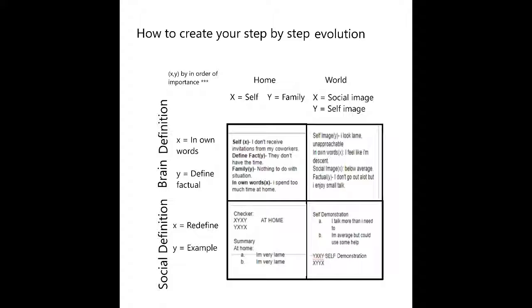Then my self-image off those two is people are not going to talk to me because I don't seem approachable. And then X, in own words, I like to talk. I wish I could talk to people, kind of a thing. So he would come up with for B, I'm average but could use some help. And that's what he would put for the bottom right hand corner for social image.